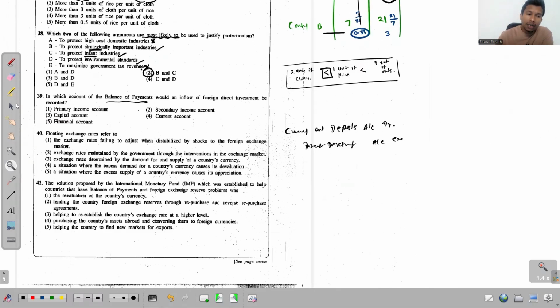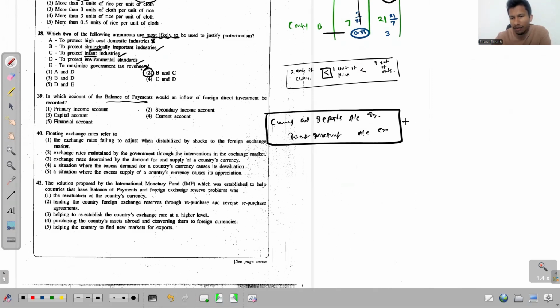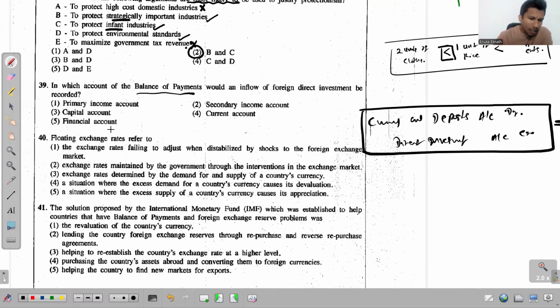And if you look at this very carefully, you will understand that both these accounts, the currency and deposits account and the direct investment account, we receive under the financial account, right? And that's why this becomes the answer for question 39.